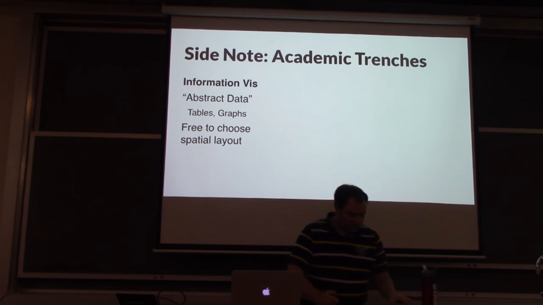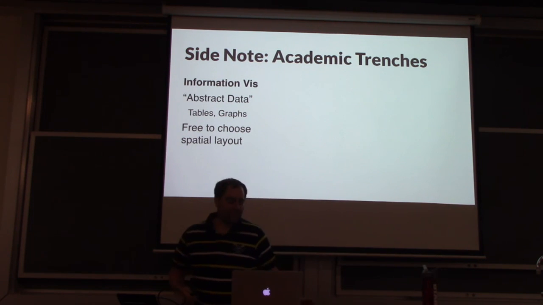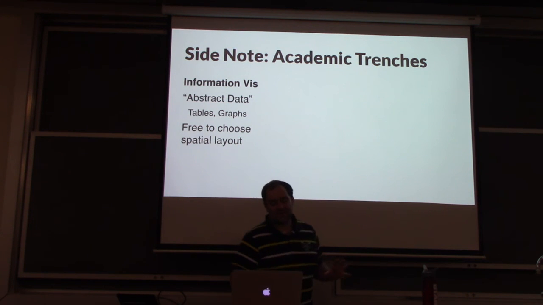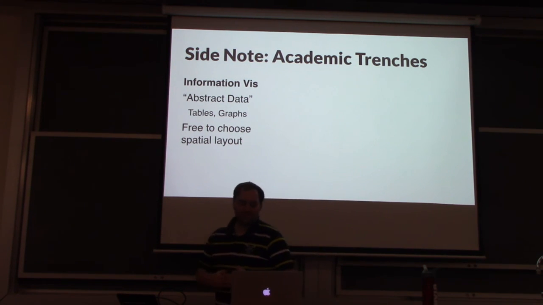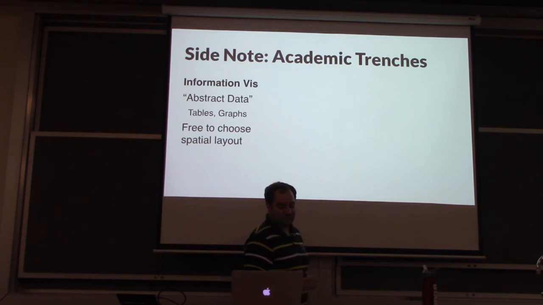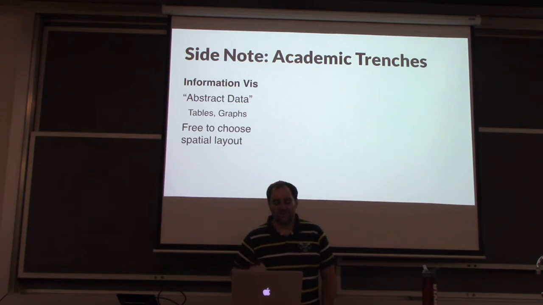I wanted to give a side note on academic trenches. These different fields have different communities. Information visualization is about representing abstract data like tables and graphs. That's what the first part of this lecture is mainly on, or let's say what we'll start talking about in 2 weeks.